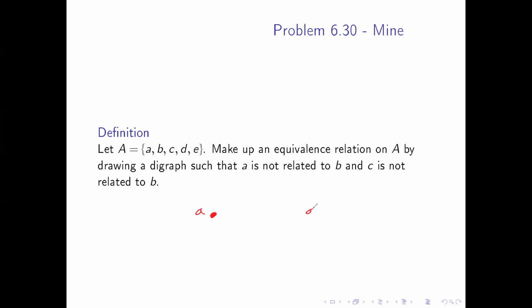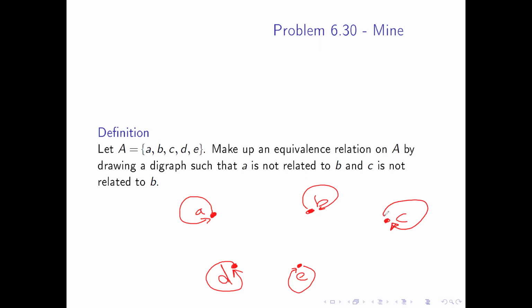I have A, I have B, I have C, I have D, and I have E. Okay, A is not related to B, but first off, because it is an equivalence relation, everything has to have a loop. That's the very first thing you have to do, and therefore we have now covered our reflexive nature.